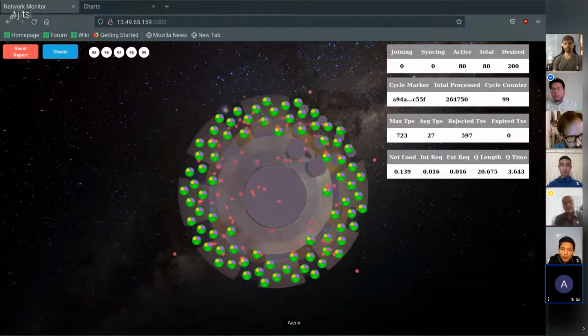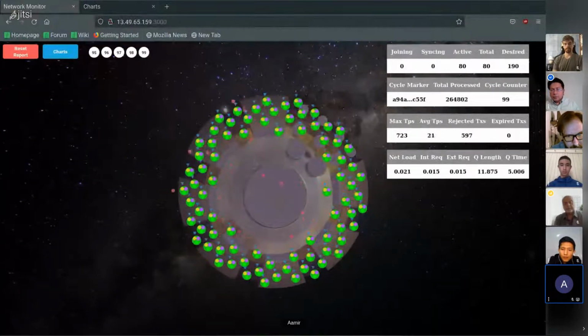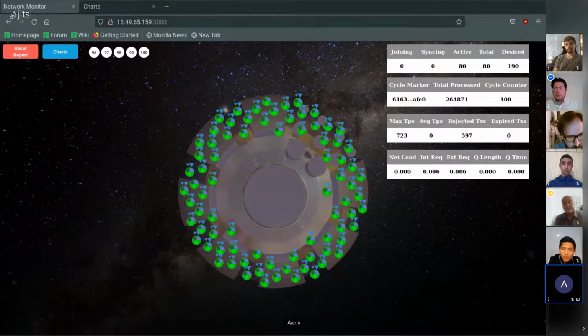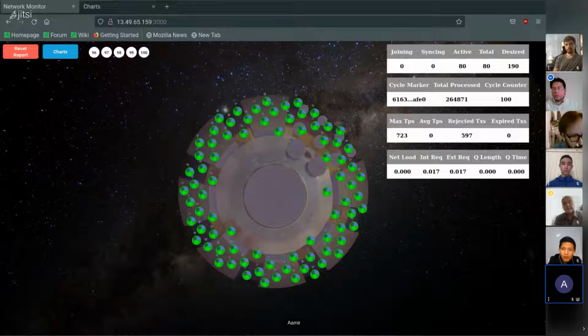So we're seeing that the load is coming down a bit, and the desired count has now come down below 200 nodes. So the network recognizes that it doesn't have as much load coming at it, and then wants to reduce the number of nodes in the network.